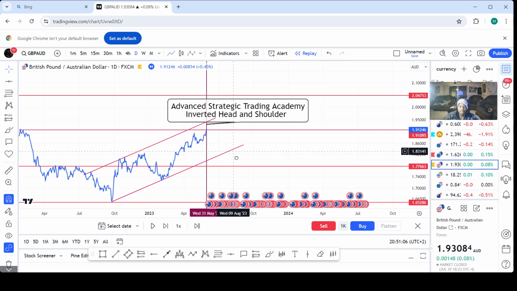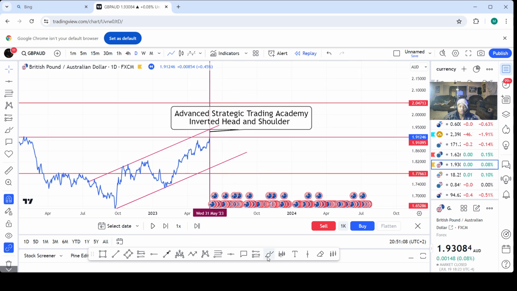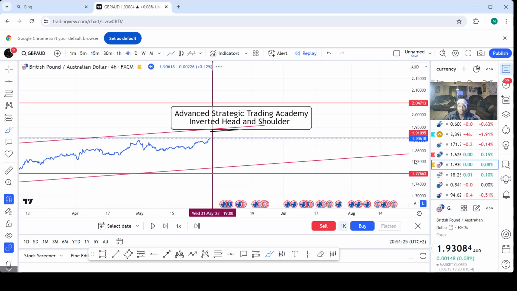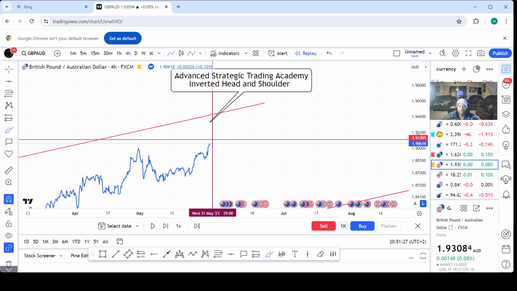We understand that the market has to push to the upside before it goes back down. So without further wasting of time, we're going to quickly dive into the 4 hour time frame, because we use the 4 hours for spotting potential entries within the market.